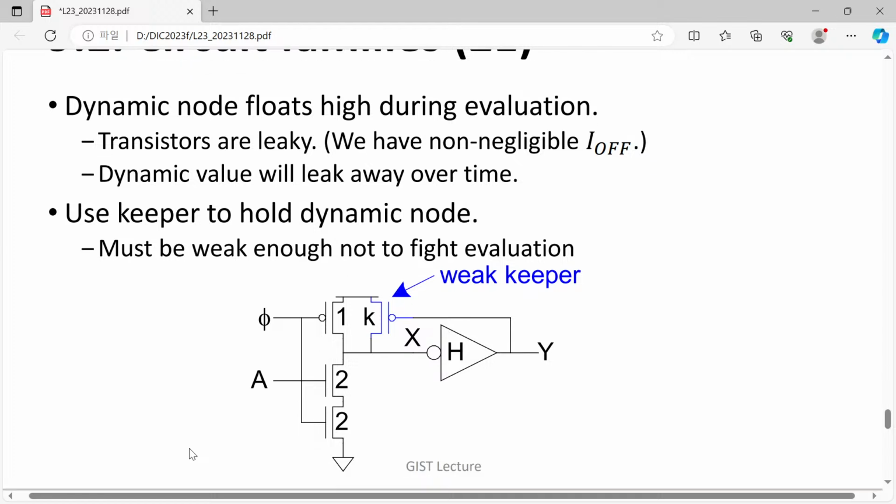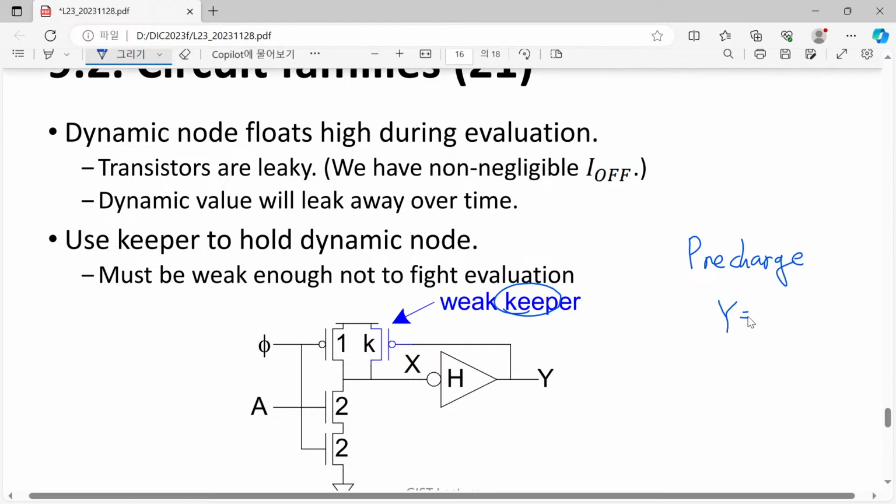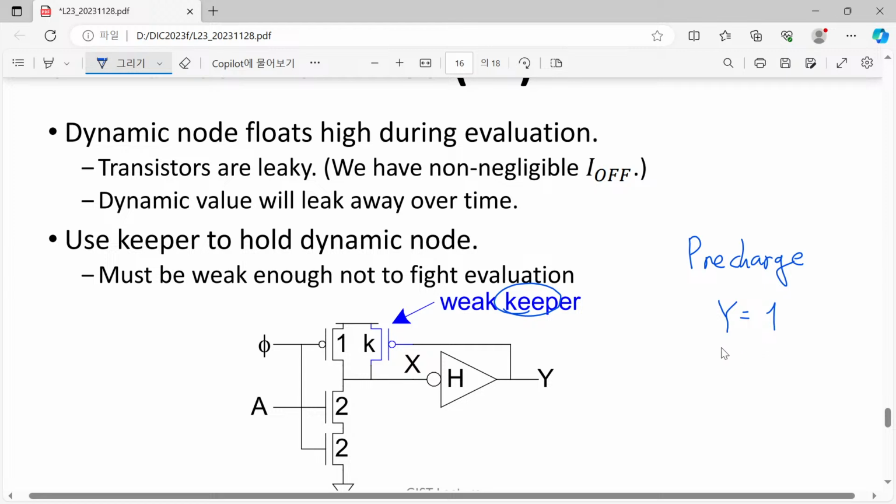So another topic for our dynamic logic is the keeper. Here we have a keeper. For example, in the pre-charge phase we pre-charge, so Y equals 1. We know it.